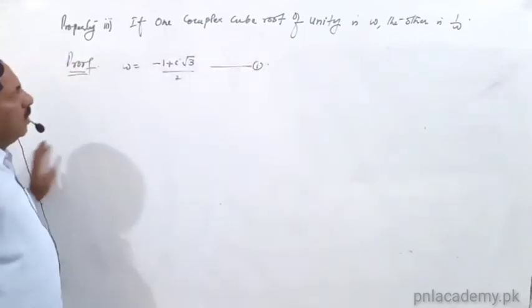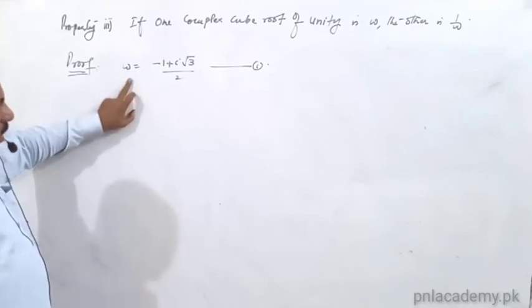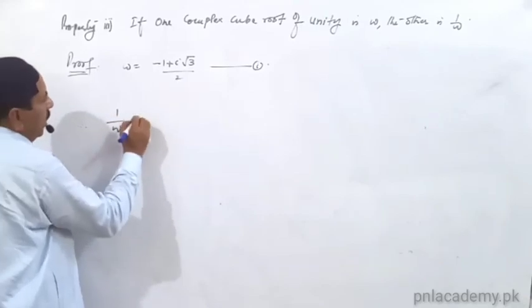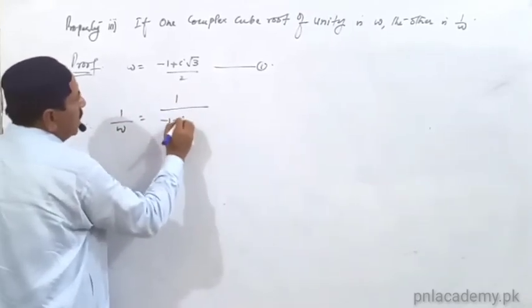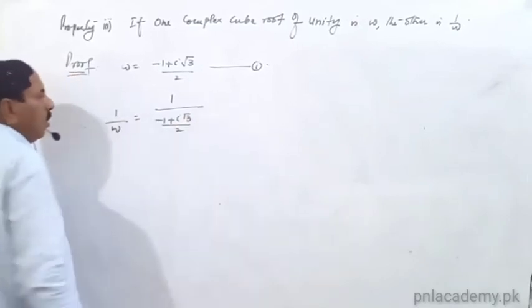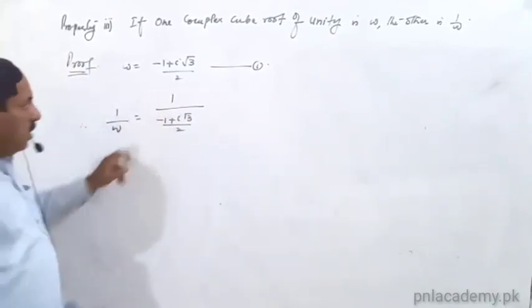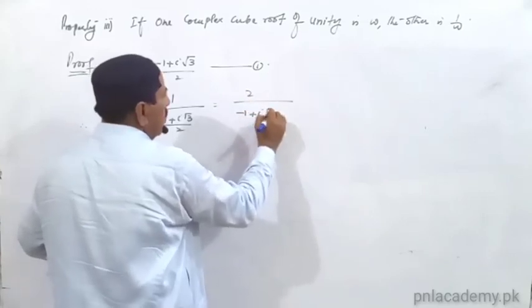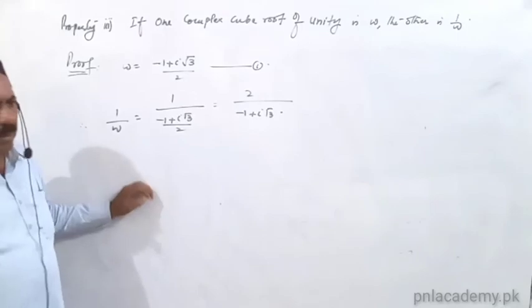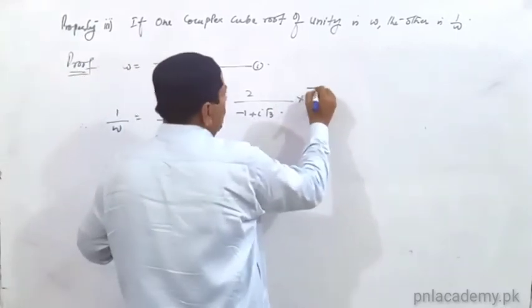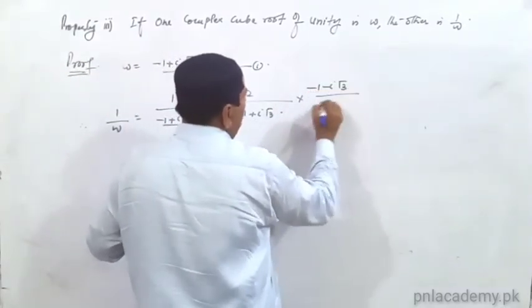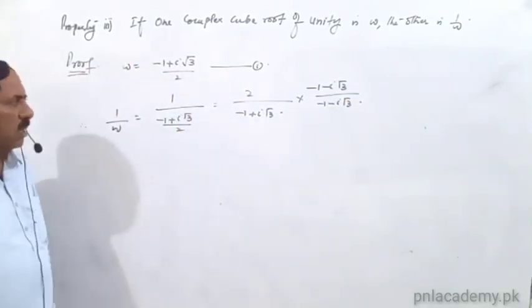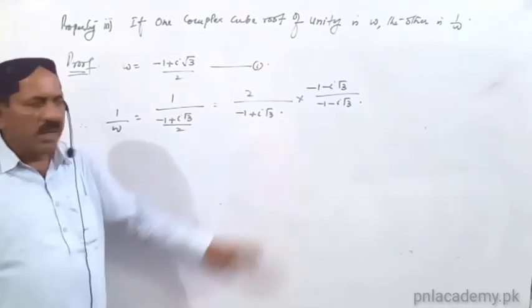If one complex cube root of unity is omega, what should be the other? So 1 upon omega is equal to 1 upon minus 1 plus iota radical 3 upon 2. We can write this as 2 upon minus 1 plus iota radical 3, and rationalize by multiplying and dividing by the conjugate of minus 1 plus iota radical 3, which is minus 1 minus iota radical 3.